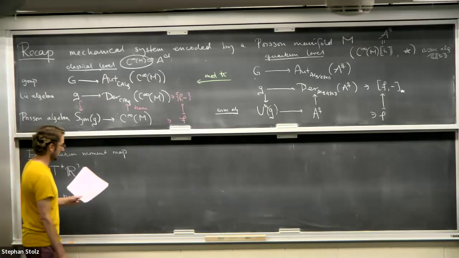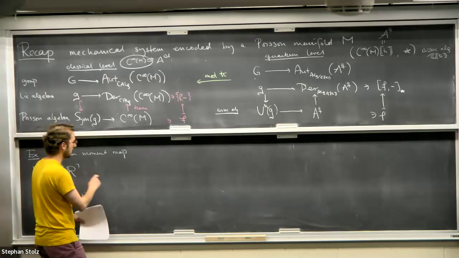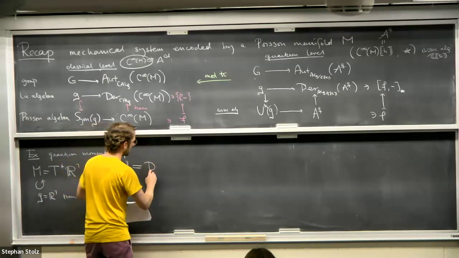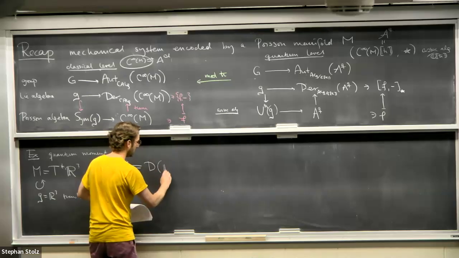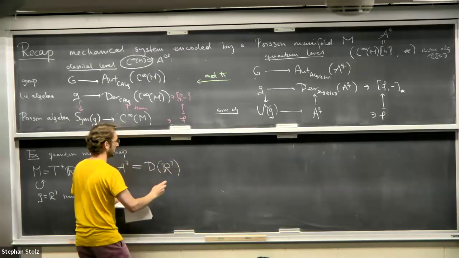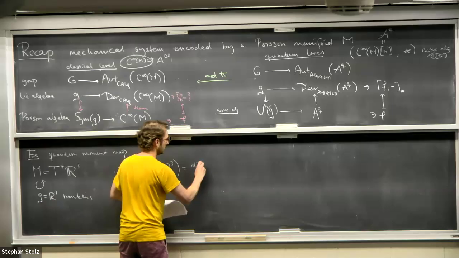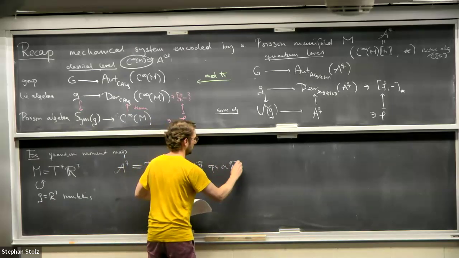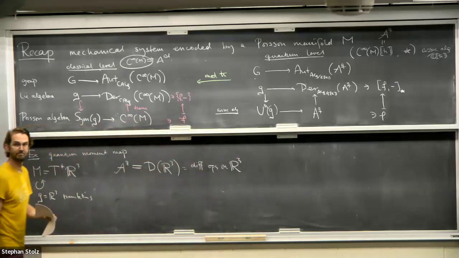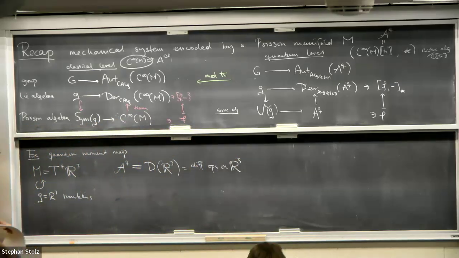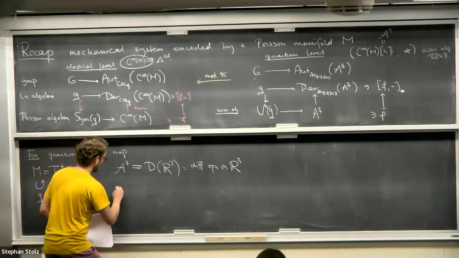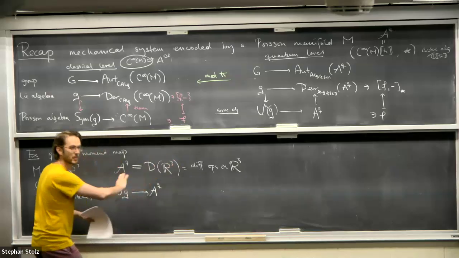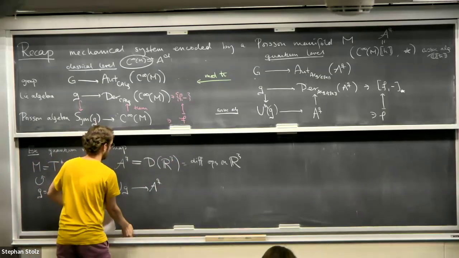The deformation quantization I want to use is going to be differential operators, the ring of differential operators on R^3. And I claim there's a map from Ug. I've just set h bar to 1 here, just out of laziness.